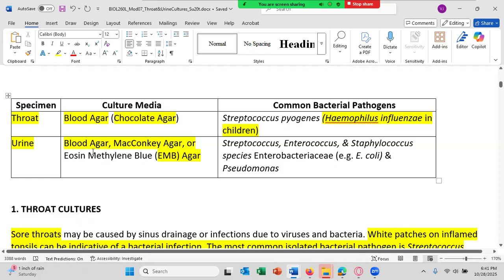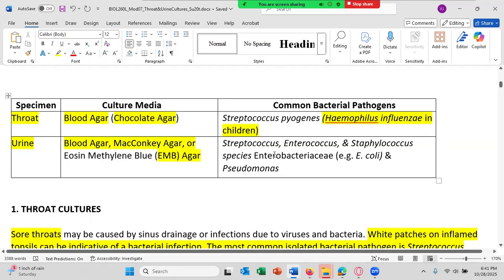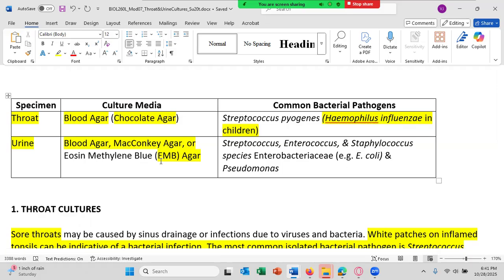But most of the urinary tract infections are caused by gram negatives, especially from the family Enterobacteriaceae, with the number one urinary tract infective agent being E. coli. These are all gram negatives, and that's why we put it on MacConkey's or EMB agar to get the gram negatives to grow and to remove the gram positives.